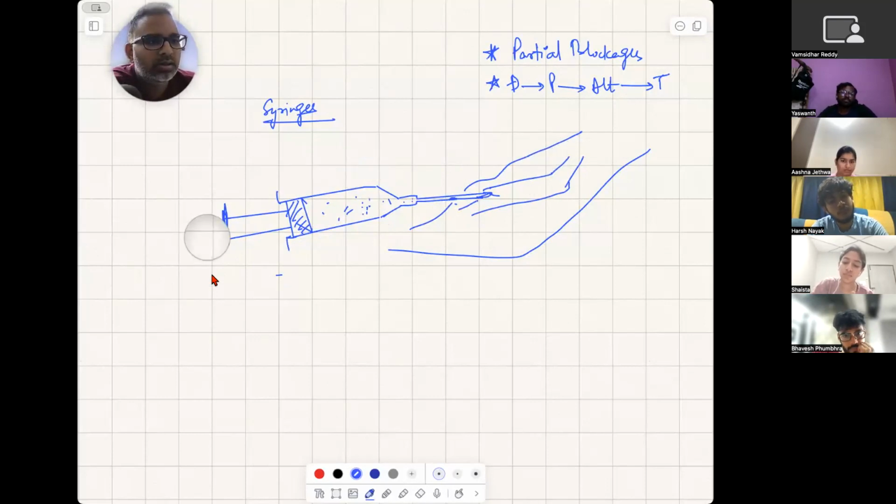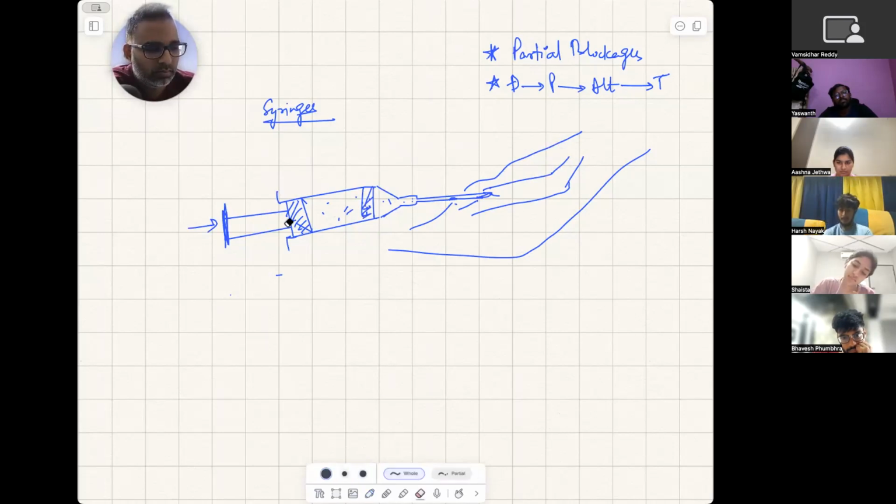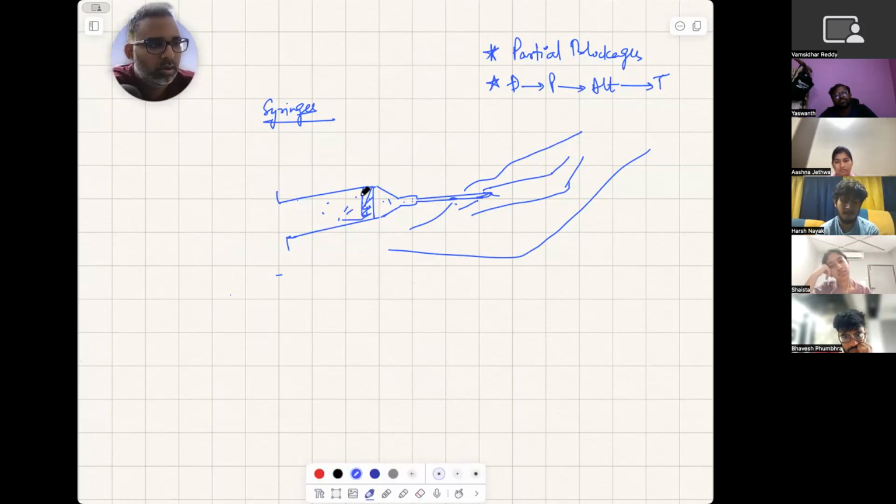Or imagine the same thing. You are now using this needle to draw blood. You are in the vein. Now you have to pull back. See, this is a vacuum, right?